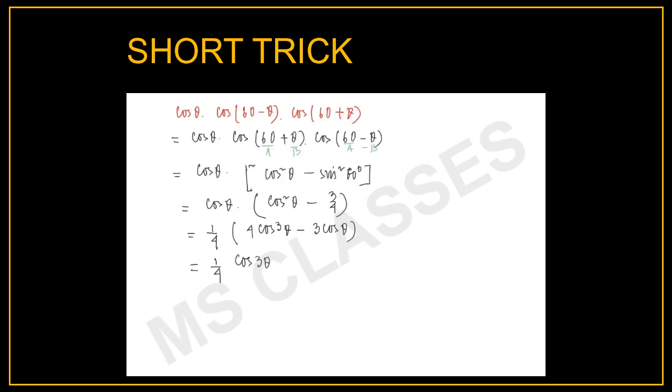So we can understand that this result is exactly similar to the result which we have got for sine. Just in place of sine, here we have cos. Else the whole expression is exactly the same.